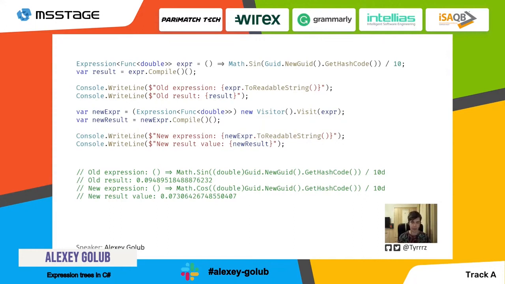So just like that, we were able to replace one method call with another. And we can actually use it for something much more intricate, for example, rewriting an entire tree. And this is actually how the popular mock frameworks work. So whenever you specify some expression that represents a method call, it rewrites that into something completely different.